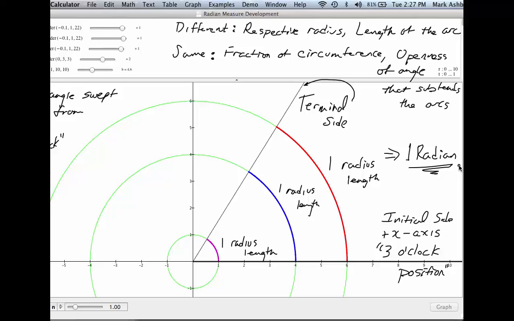So 1 radian is the measure of an angle whose rays cut off 1 radius length. Did you catch that? 1 radian is the measure of an angle whose rays cut off 1 radius length. That's what a radian is.